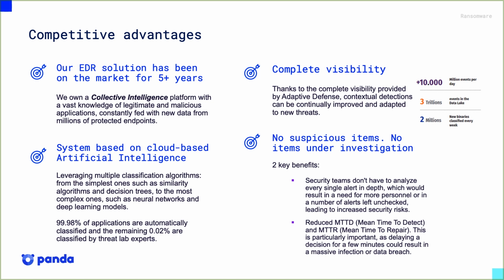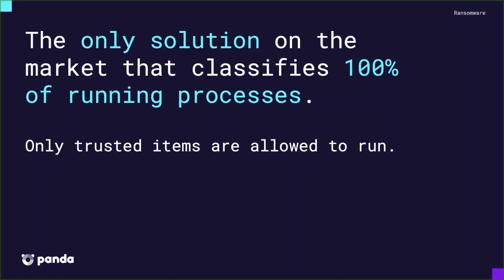Security teams don't have to analyze the alerts, and mean time to detect and mean time to repair have been reduced. Right now, Panda's Adaptive Defense 360 is the only solution on the market that classifies 100% of running processes. Thereby, only trusted items are allowed to run.